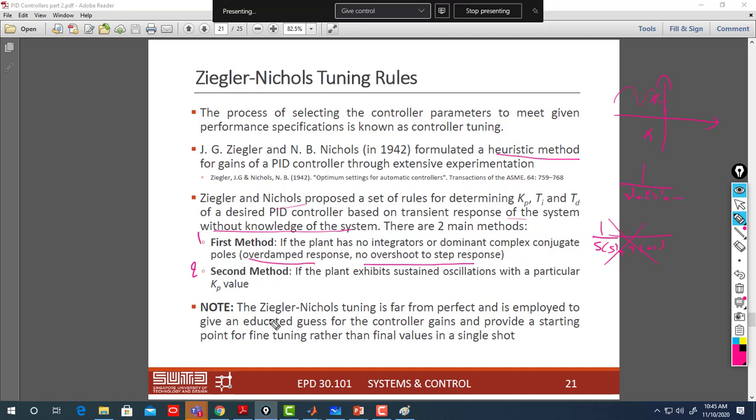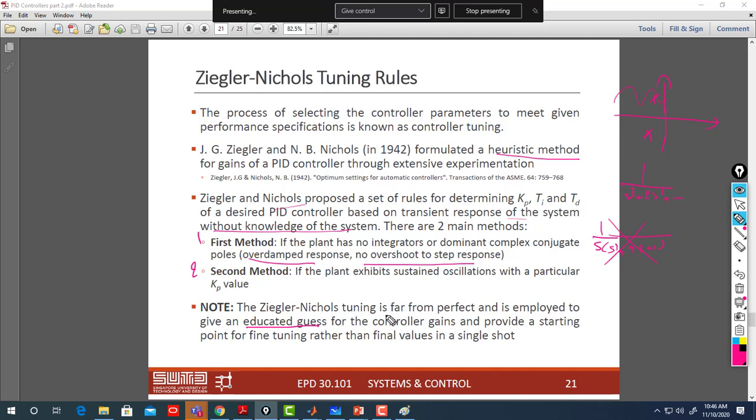Lastly, I want to finish by saying that Ziegler-Nichols tuning is far from perfect. It's based on a heuristic method that came from extensive experimentation, so it's far from perfect. What does that mean? It is important to keep in mind that it is employed to give an educated guess, a starting point, from which you can start when you implement on the physical system.